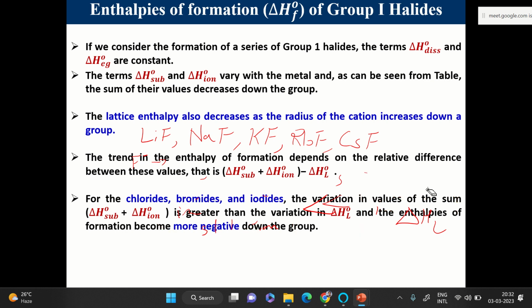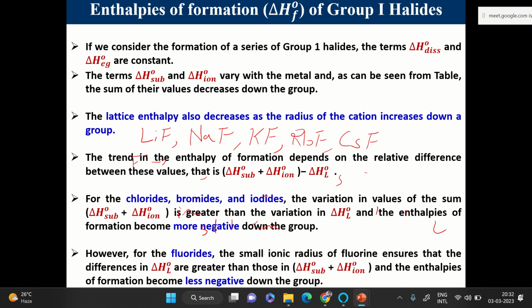So in this particular case it will become less negative down the group.